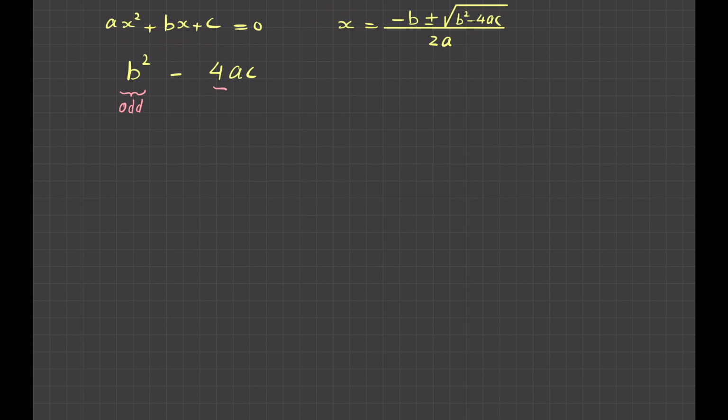But because of the factor of 4, this number is even. And then I am subtracting an even number from an odd number. It is not hard to see rigorously that this difference is odd. So finally, what I know is that this number is odd.